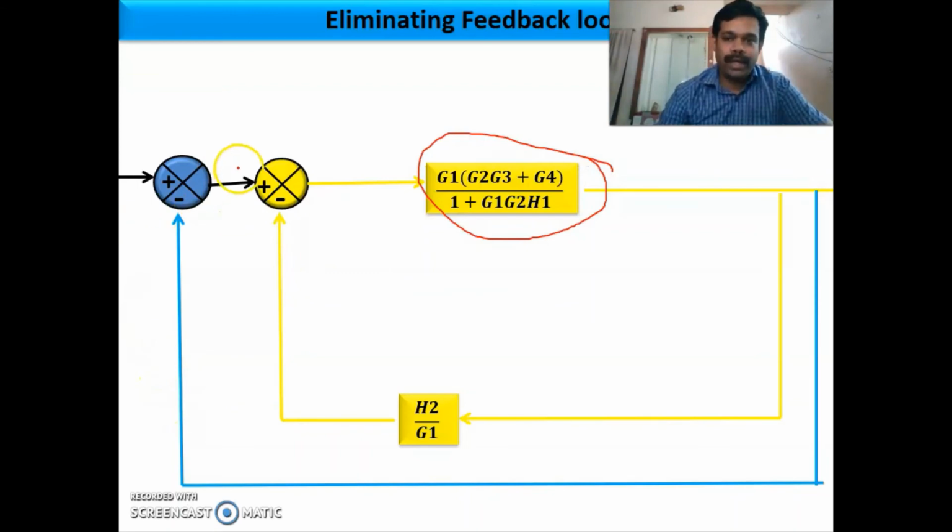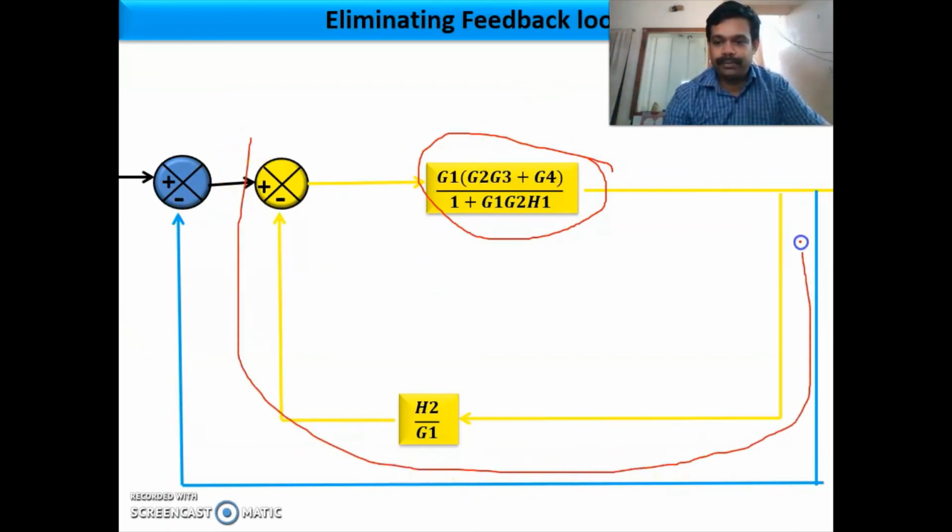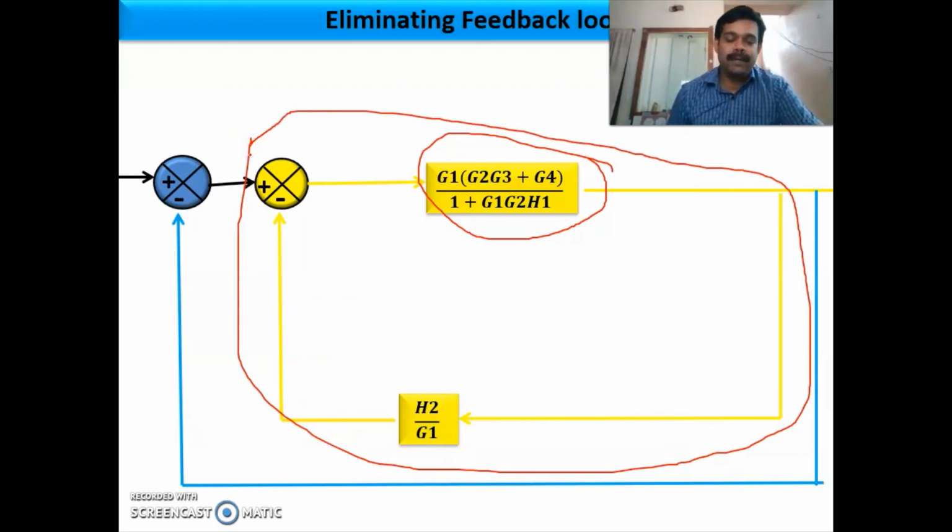So now you are again having one feedback loop. So this is another feedback loop. Please listen. When you are eliminating a feedback loop, these two blocks with this summing point, we will eliminate this and replace it by one block. So here, what type of feedback are you having? Negative feedback. So the equivalent expression is G divided by 1 plus GH.